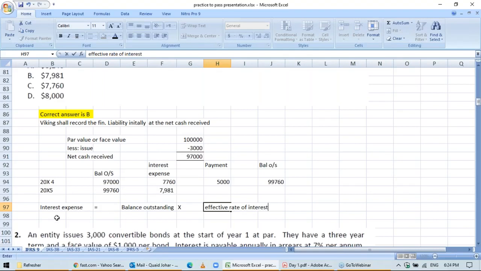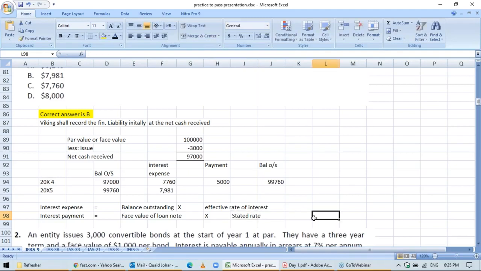Right? And the interest payment will be equal to the face value of the loan multiplied by the stated rate.